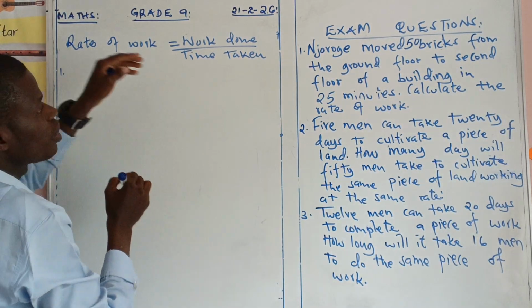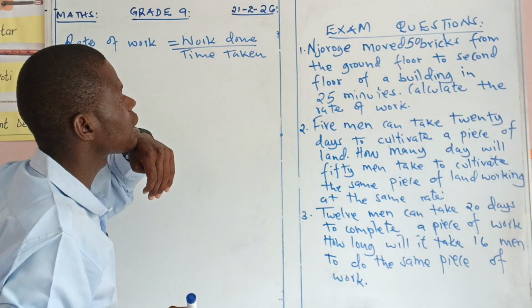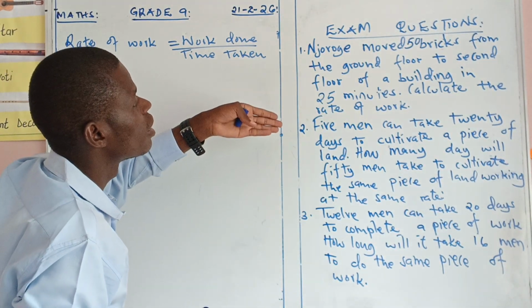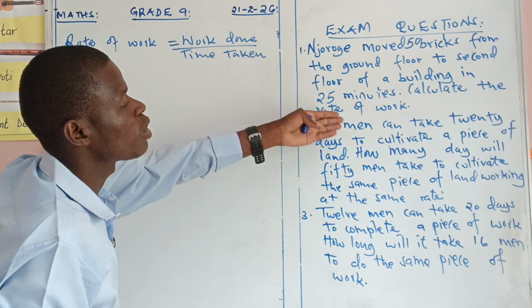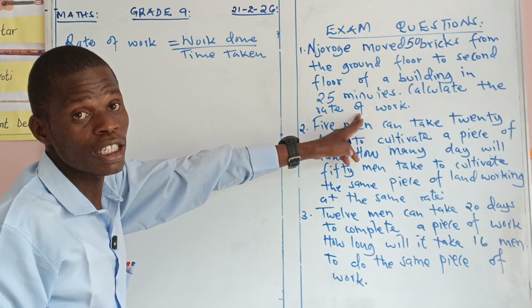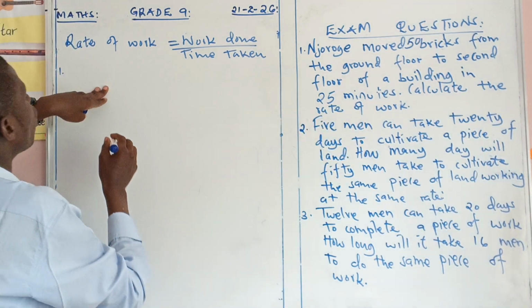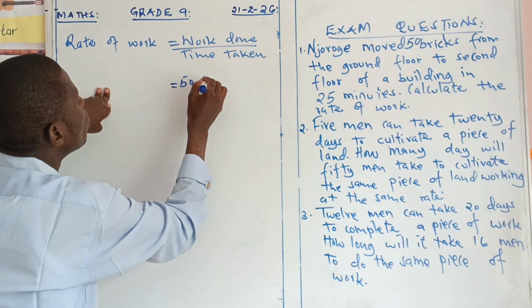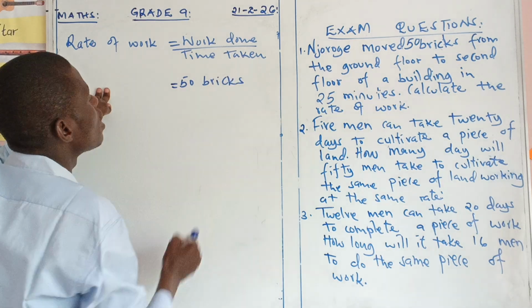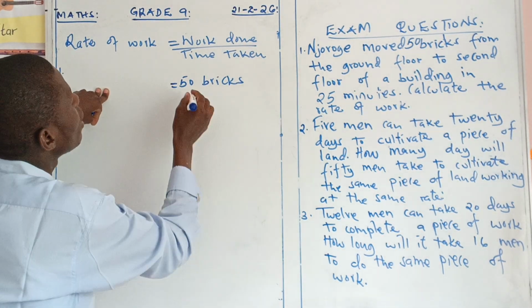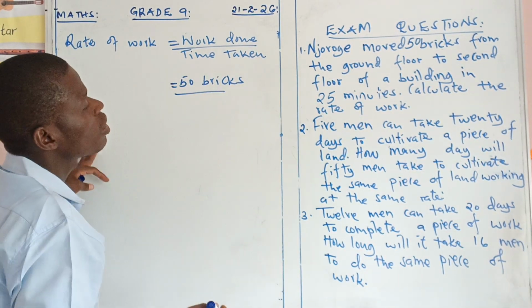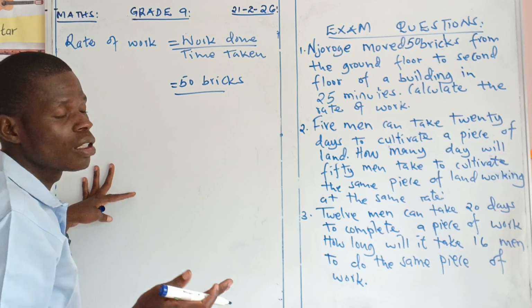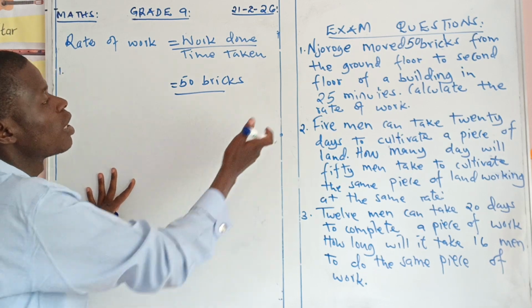So our first question here: Njoroge moved 50 bricks from the ground floor to the second floor of the building in 25 minutes. Calculate the rate of work here. Very simple. Which work did Njoroge do? Njoroge moved 50 bricks, so 50 bricks is the amount of work done. Then time, how long did Njoroge take to move these bricks? 25 minutes.